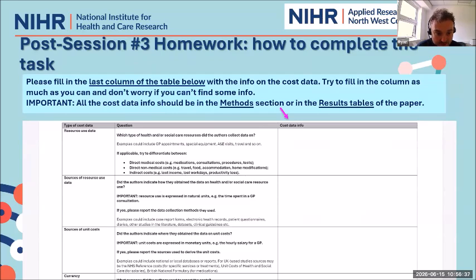And an important note: the cost data should be in the methods or the results tables. That's 90% of it. You might find sometimes they've got stuff in appendices as well, and additional sources at the bottom, which is also worth looking at. And yeah, just work your way through and come to us with any questions.